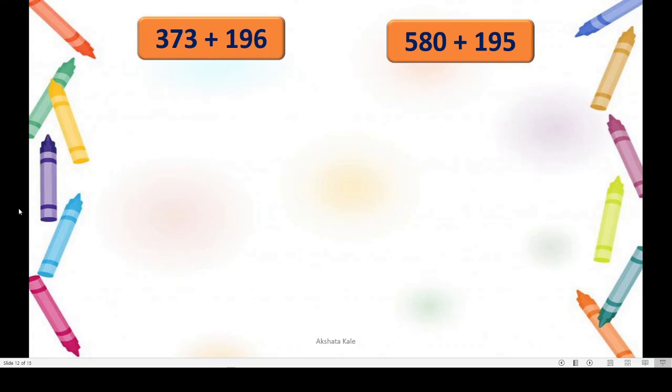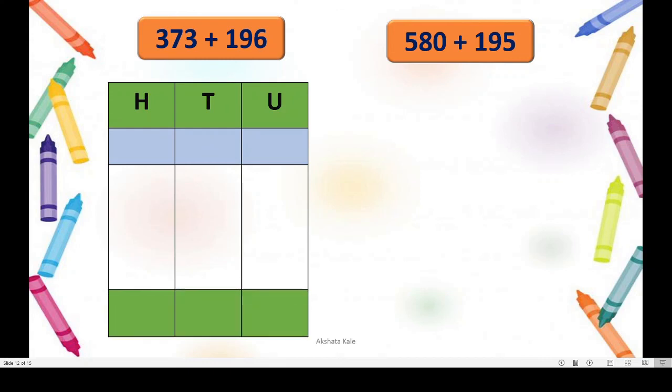Now 2 more sums we will write. We will prepare table first. Okay. Now we will write. You know now how to write in vertical position. Correct? 373 up and 196 we will write down according to columns. Isn't it?